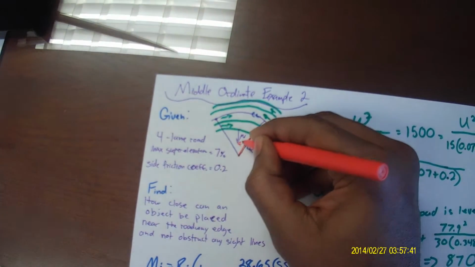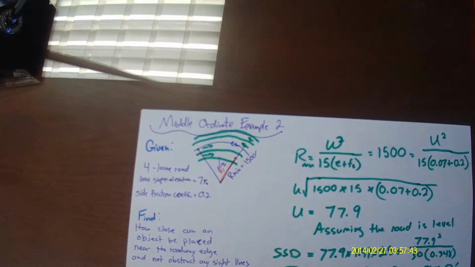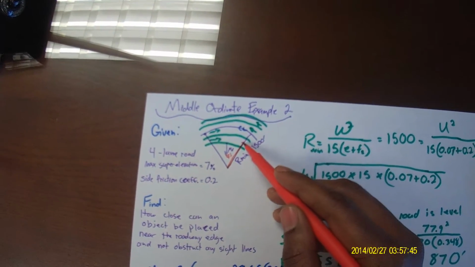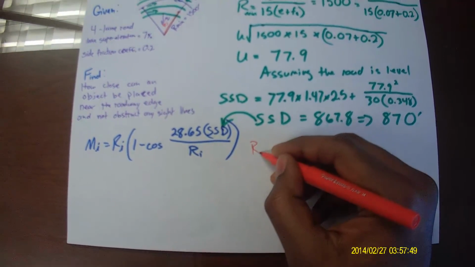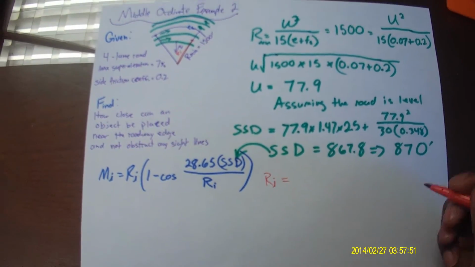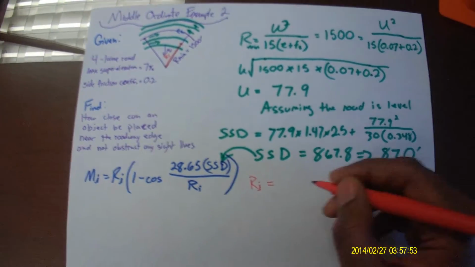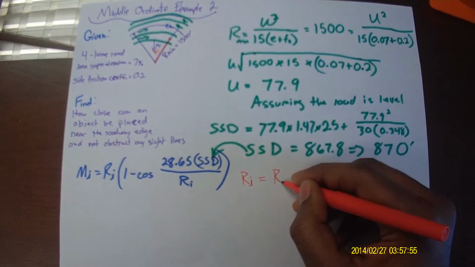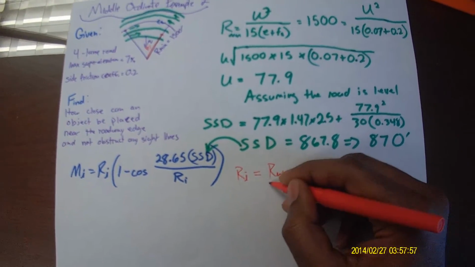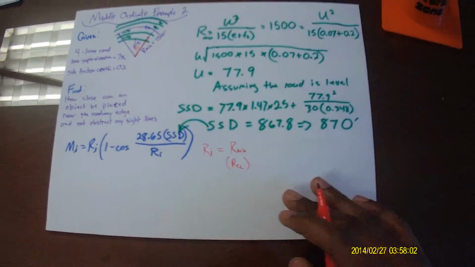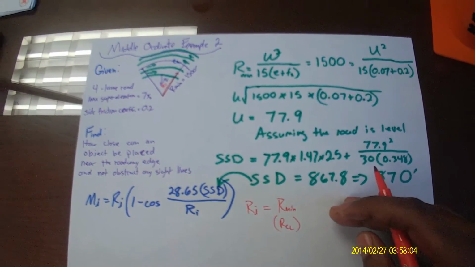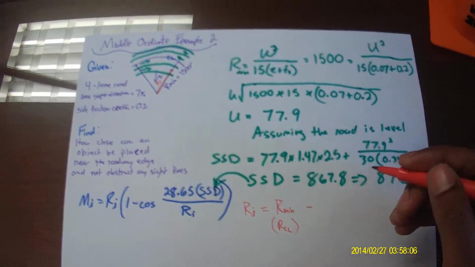So we have our R sub I is equal to my R min, which is also our R from the center line, minus what?